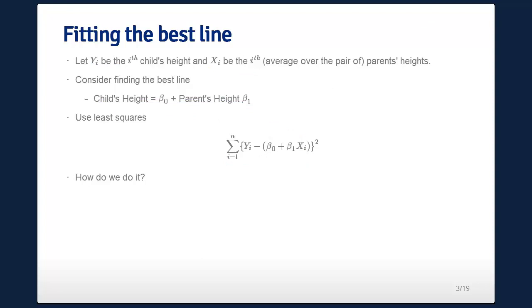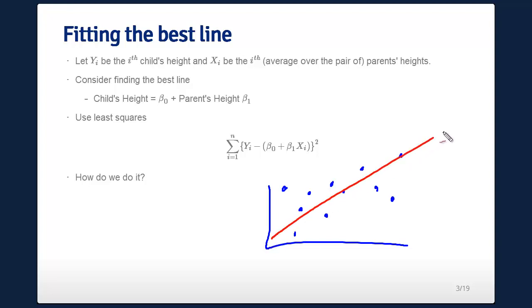So why don't we, as a criterion for the best line, minimize the sum of those squared distances? In a pictorial sense, if we have a bunch of data points like this, we're trying to fit the best line through the data that minimizes this distance.